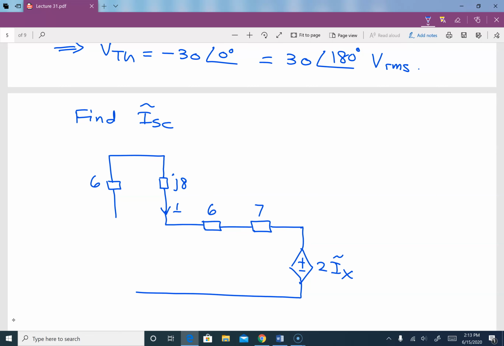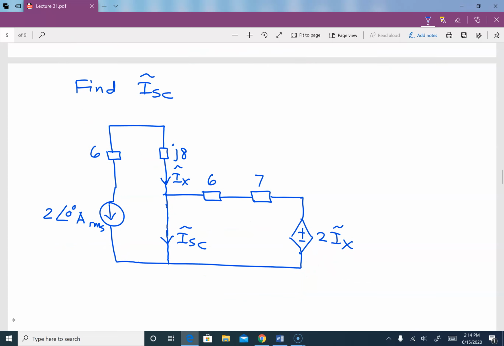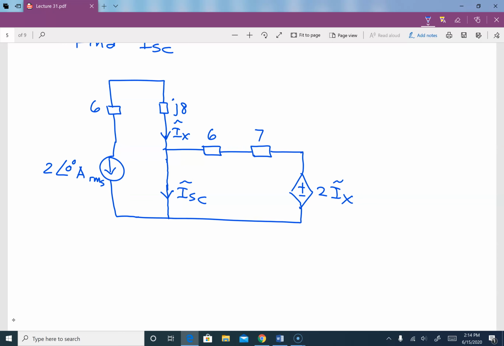This is where IX is flowing, and this was our terminal where ZL is open, so we will short it, and we need to find I short circuit. And there is our current over here, which is 2 with angle 0 ampere RMS. So this is what we need.